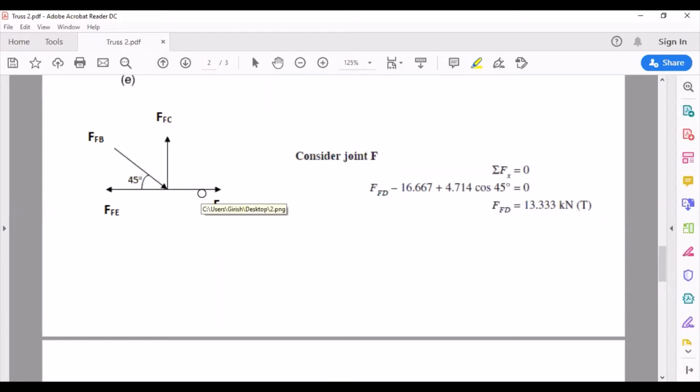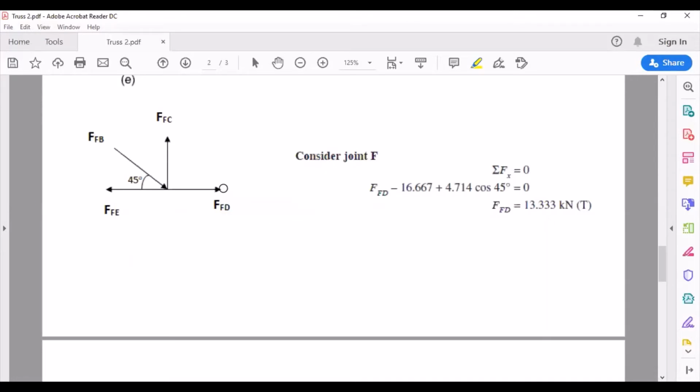FD is a horizontal force, so I am going to consider only sigma Fx. How many horizontal forces? 1, 2, and the horizontal component of FFB. FFD is positive, because it is moving rightwards.